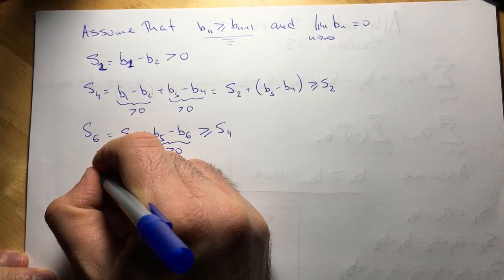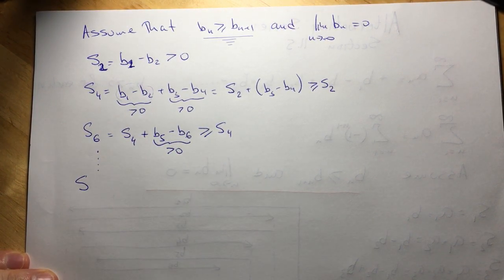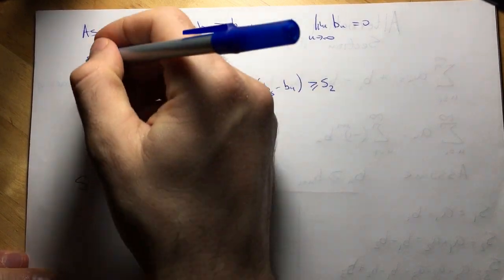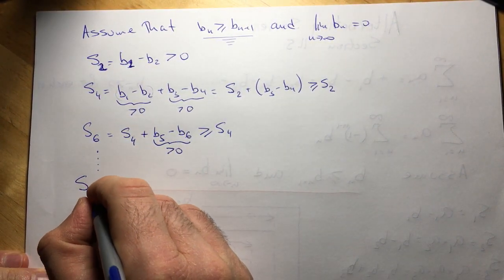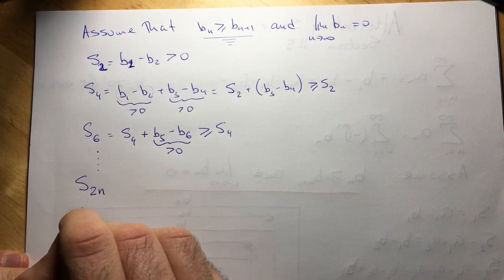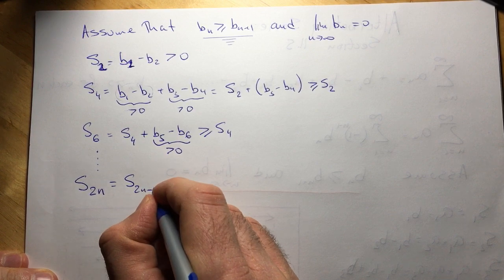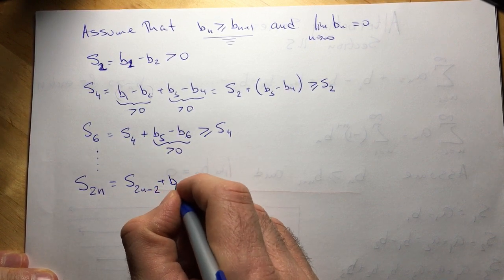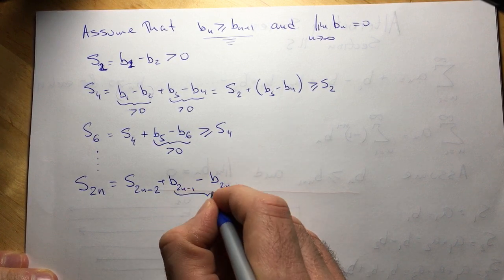And as we go on like this, we'll see that this subsequence of even partial sums, S2n, is going to be equal to S of 2n minus 2 plus B of 2n minus 1 minus B of 2n.